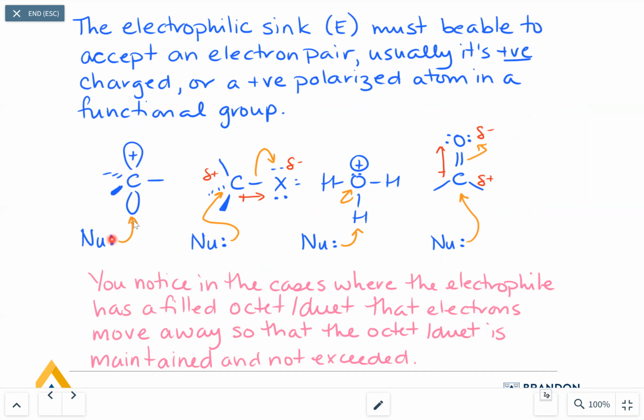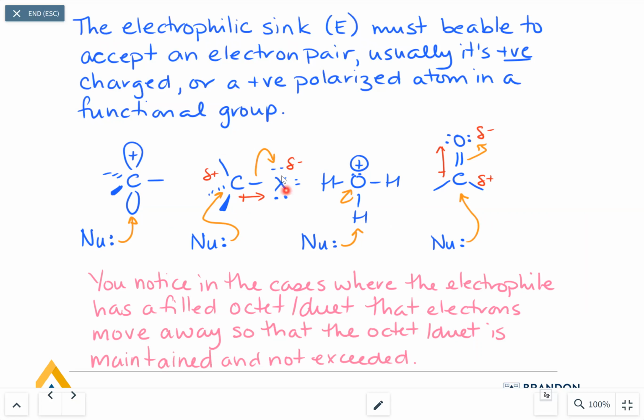So if it's just got a positive charge and these electrons come in and form a bond, this carbon's got 8 electrons, it's fine. If you've got an example where carbon already has 8 electrons and has a positive charge and this is attacking, one of those bonds has to break, and it's the bond which is the source of the polarity here.